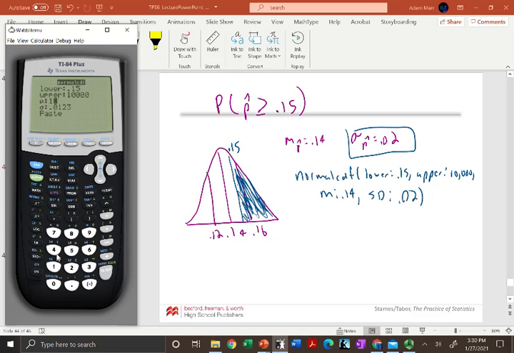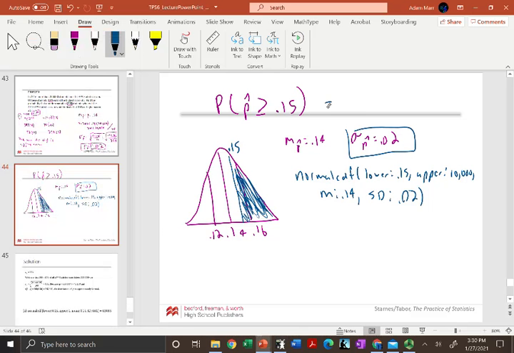Mean is 14. I'm sorry, I made a mistake right there. The mean is 0.14. My fault. That would have made a big difference. And the standard deviation is 0.02. Okay, there we go. 0.3085 is my probability.